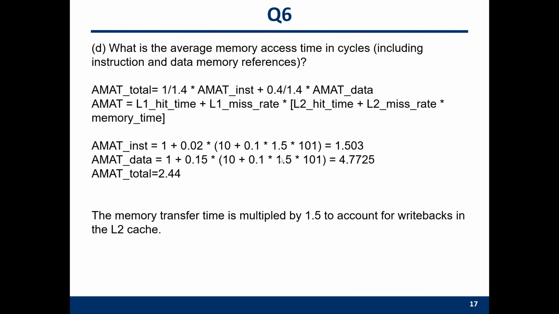For the data cache, the miss rate is 15%. So you need to pay one cycle for the L1 cache anyway. And 15% now go to the L2. The miss rate of L2 is 10%.